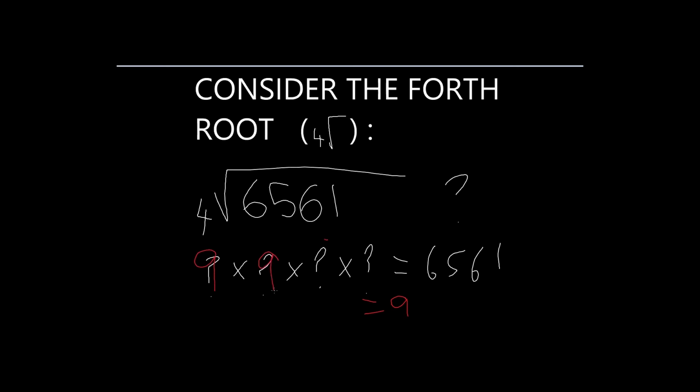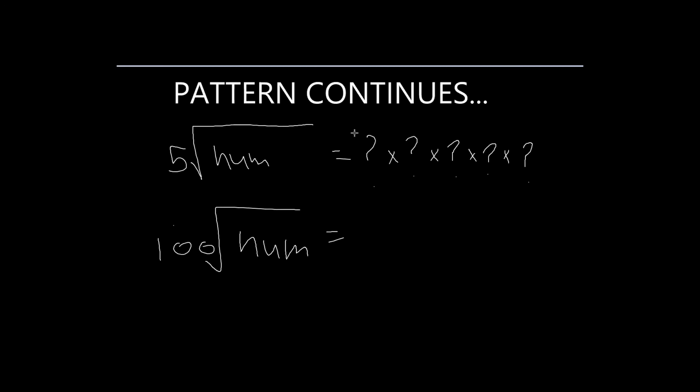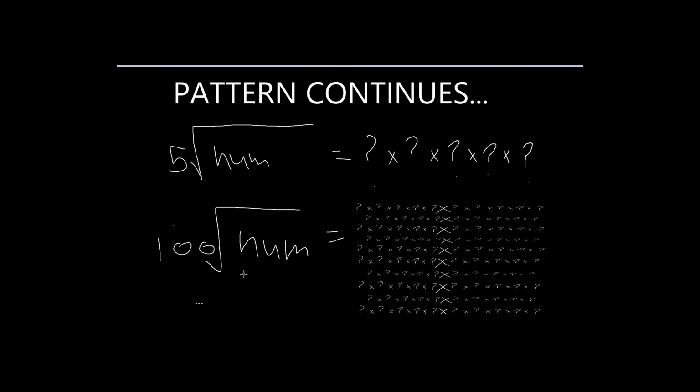So 9 times 9 times 9 times 9, that's 4 times, is equal to 6,561. This pattern goes on, so if it's the 5th root, I'm asking which number when multiplied 5 times gives me the number under the bar. If it's the 100th root, it's asking which number when times 100 times will give me the number under the bar, and so on. So that's quite the tangent.